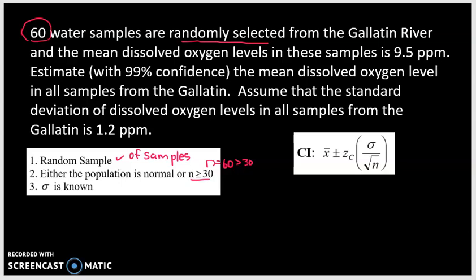Lastly, sigma is known, and sigma, which I'm going to ask you to write in words, is the standard deviation of the population. So I would say for that, the standard deviation of the population, which is the amount of dissolved oxygen in all samples, that makes it the population, is known.